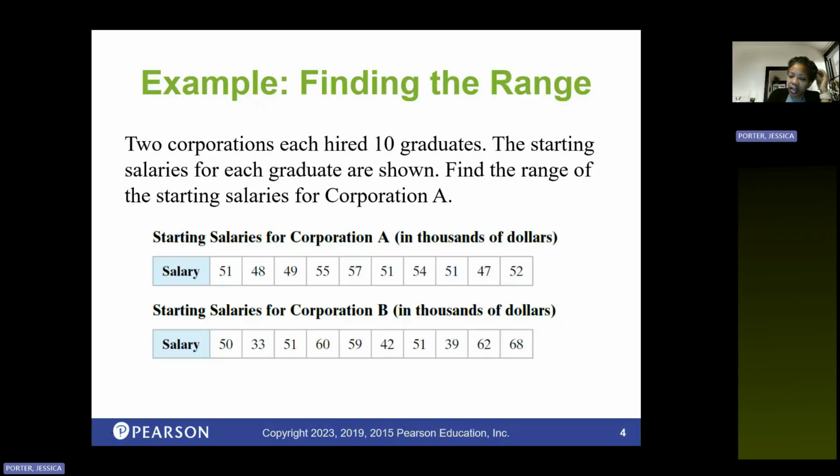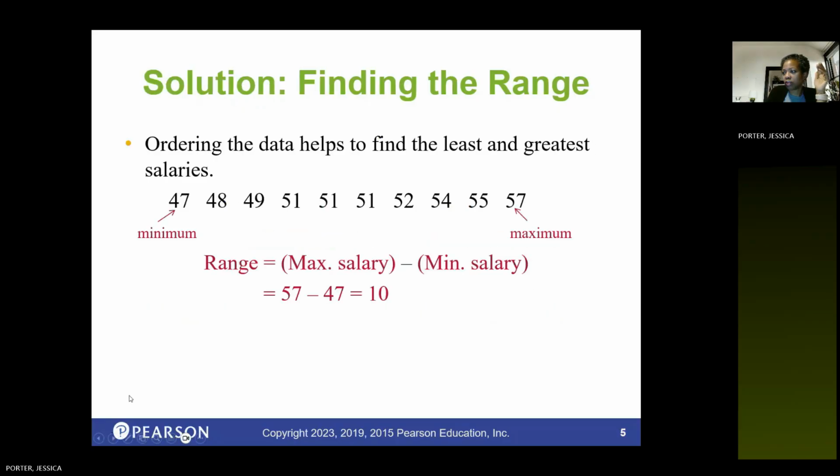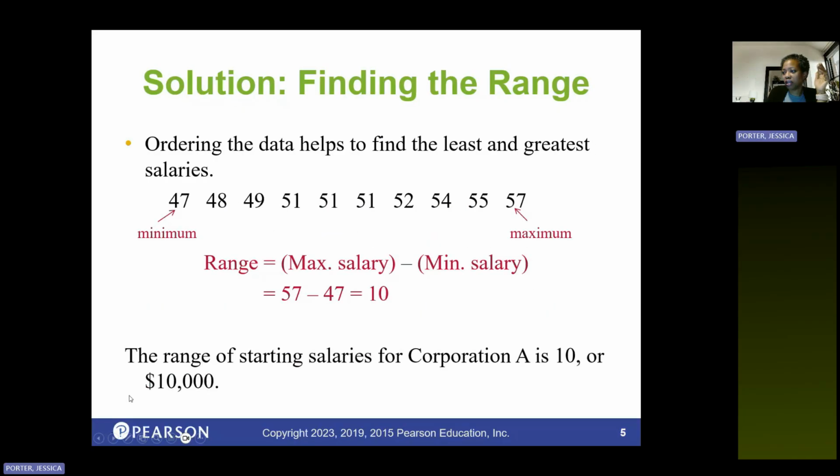So these are starting salaries for a corporation in the thousands of dollars. So we're going to see how we can look at this in the real world. The range of the starting salaries for Corporation A is 10,000.